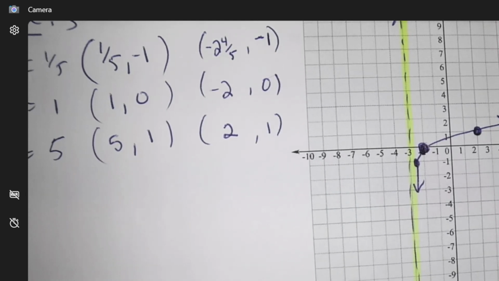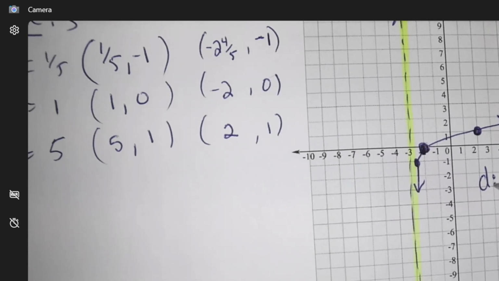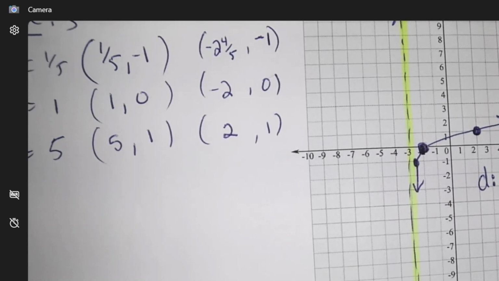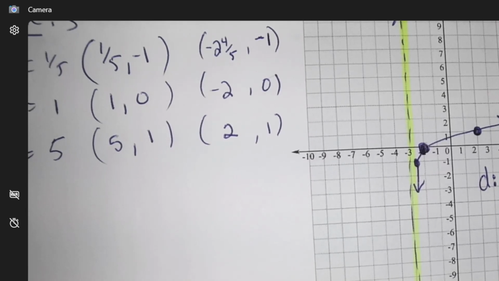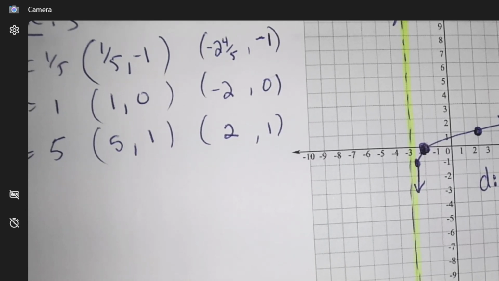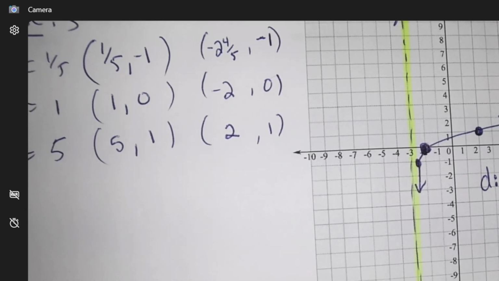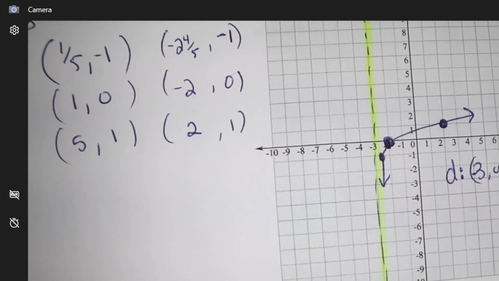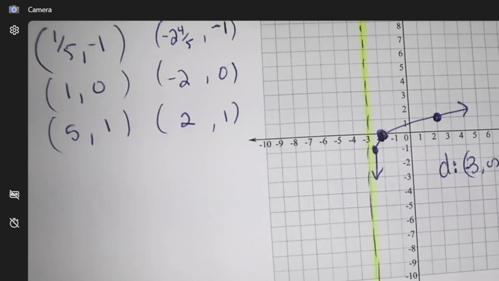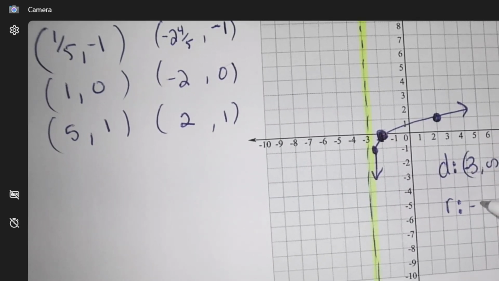Okay, domain is above negative 3. Negative 3, everybody, right? Negative 3 to infinity, and range is anything, right?